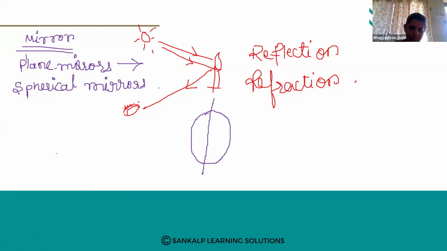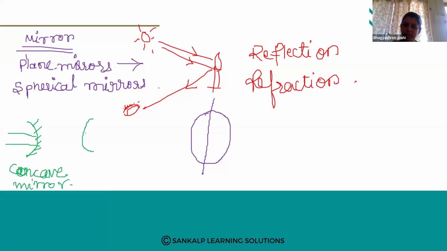One part is like this and the other part is like this. When the inward part is meant for the reflection and the other part is coated, we call it a concave mirror.